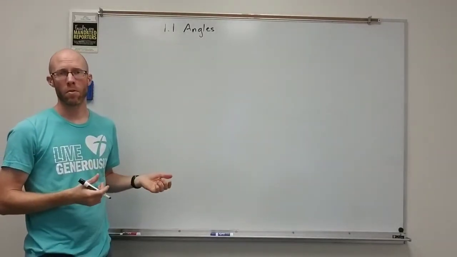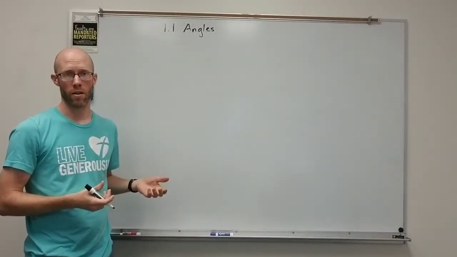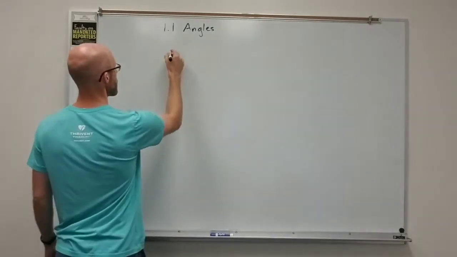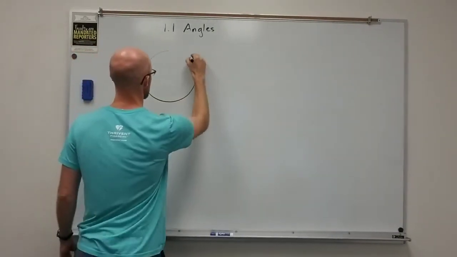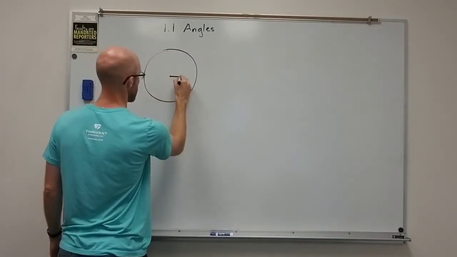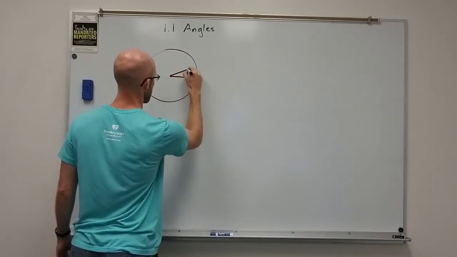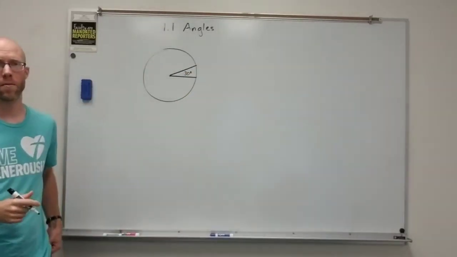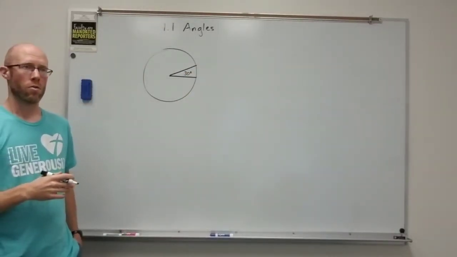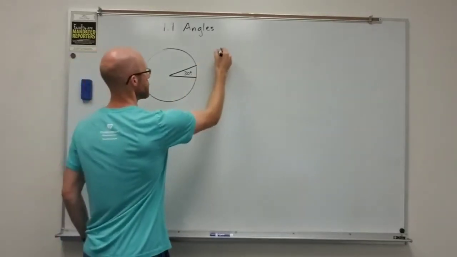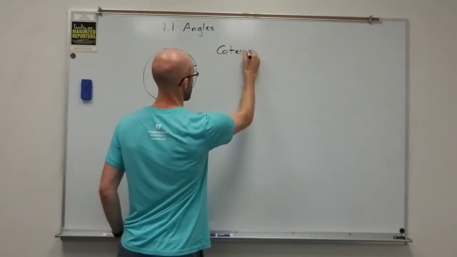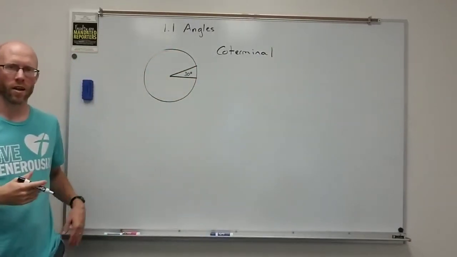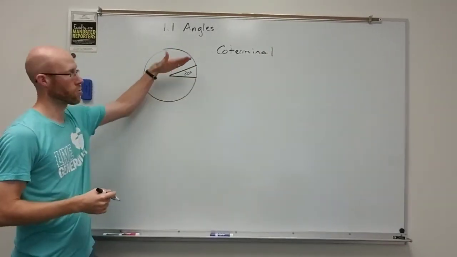Okay, so an example of coterminal angles might be starting with a 30-degree angle. Let's start with that. So we'll go with a circle and put in roughly a 30-degree angle. So now, a coterminal angle just means an angle with the same terminal side.